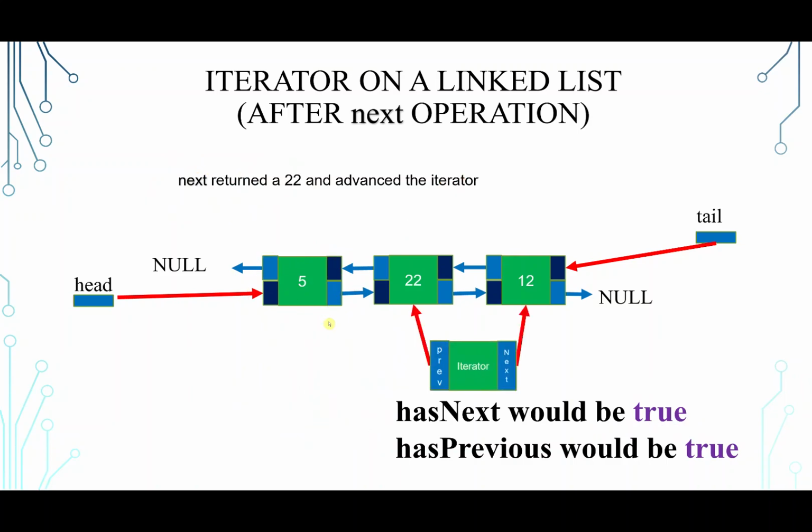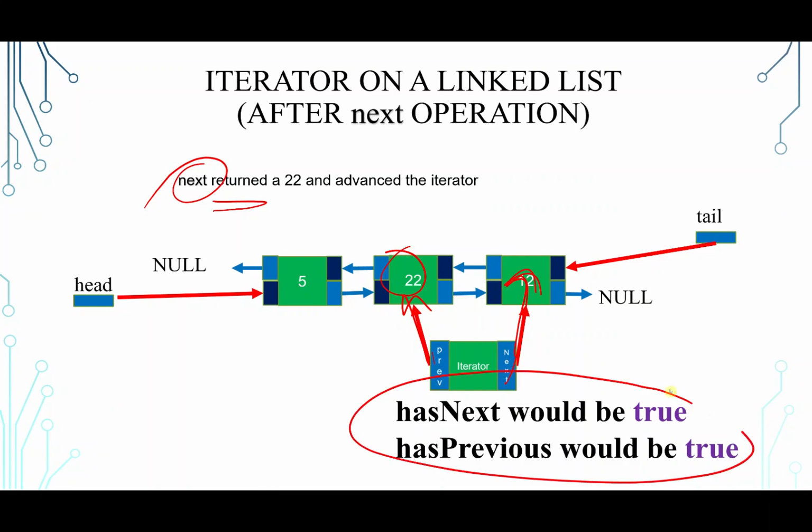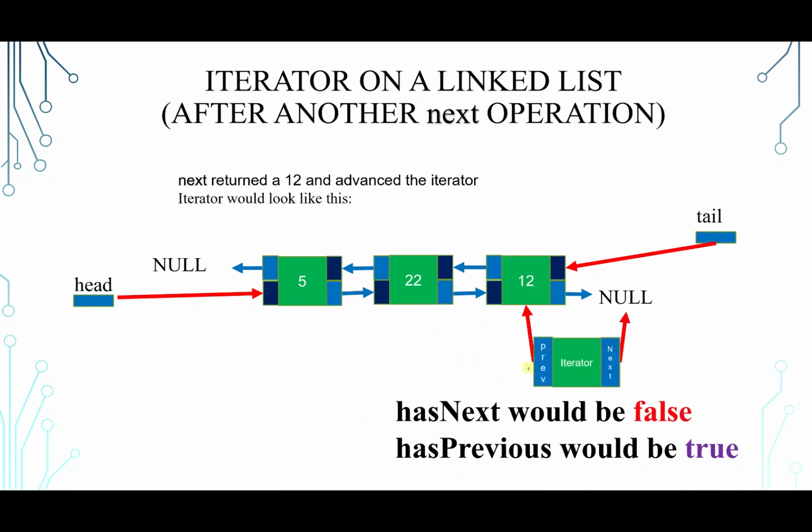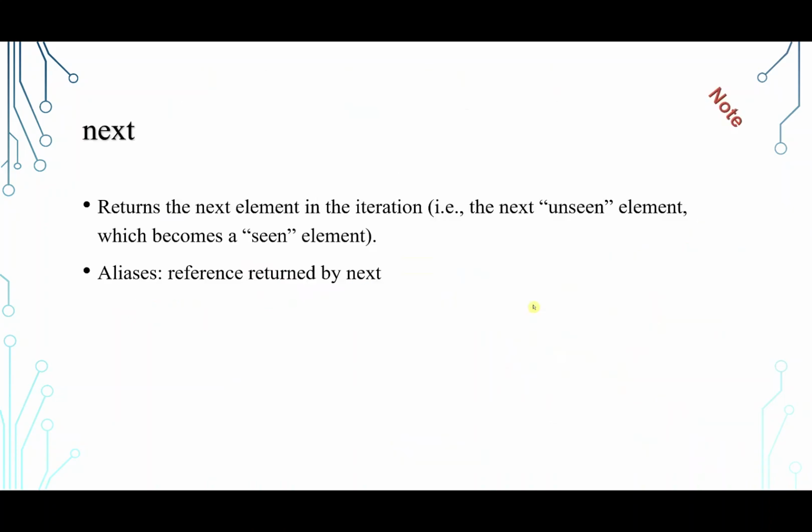The iterator moved on by doing next. next returned 22 and advanced the iterator. So the iterator now is pointing at the node with 12 and the node with 22. So those are both returning true. Then hasNext is returning false because it points to null, but the previous is pointing to an actual node, so it returns true.